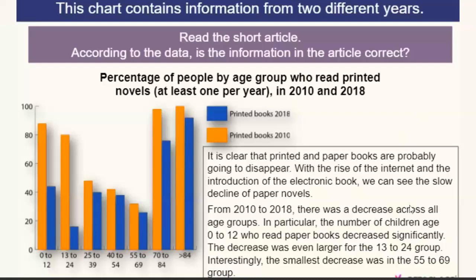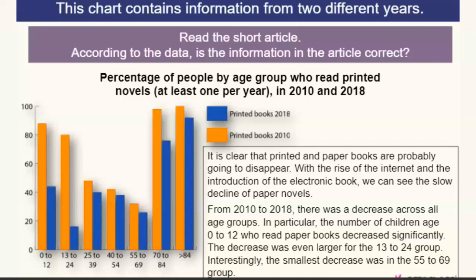So decreased significantly. Pay attention to the adjectives that describe this data. And then the decrease was even larger for the 13 to 24. So you see, it's a huge difference between them if you go like that.